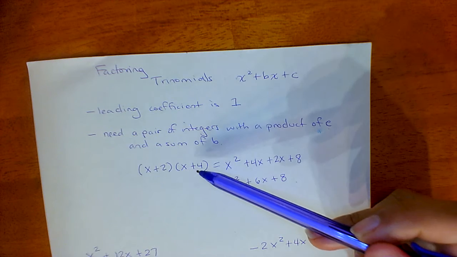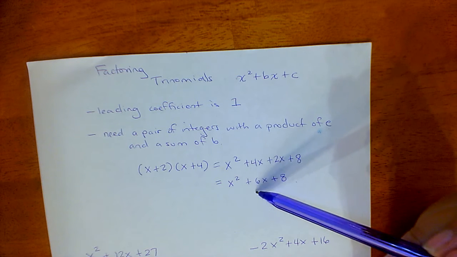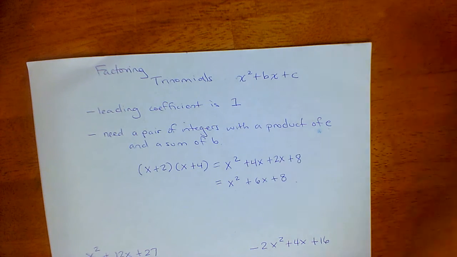So when we work backwards, we're going to focus on looking for integers that make this kind of match of a particular product and a particular sum.